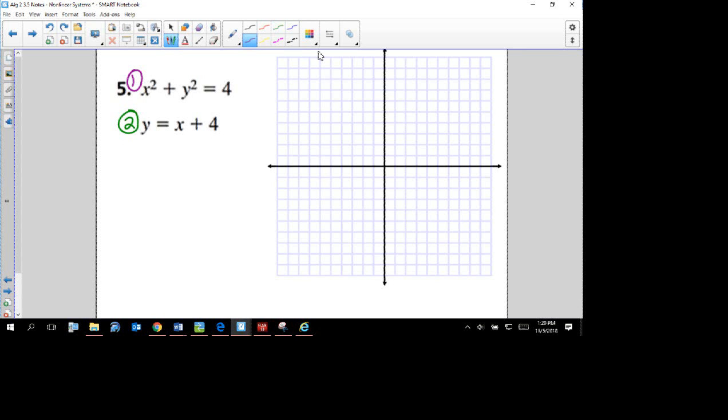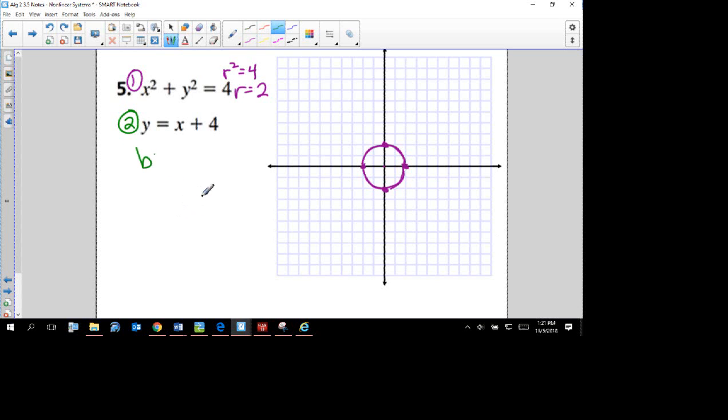All right, so I'm looking here, and equation number 1 is a circle. So your graph should look like a circle. Yours is wrong, you'll see why. I know what you did wrong. Somebody did that in my other class too. This is a circle. Radius squared is 4. So what is our radius? 2. So we're going to start at our center and go 2 in every direction. And then do your best to round it and not make it look like a diamond. Yeah, that's pretty good. And then equation 2 is a line.